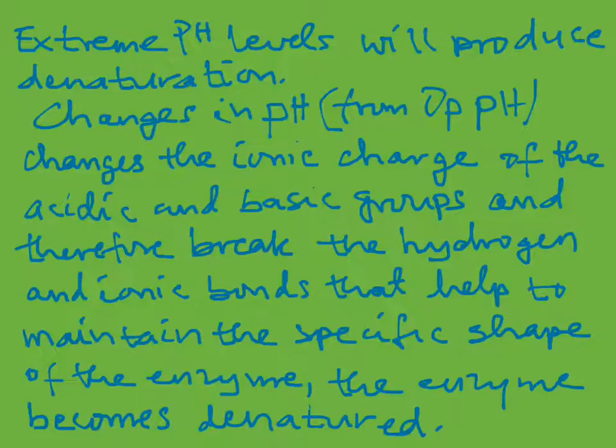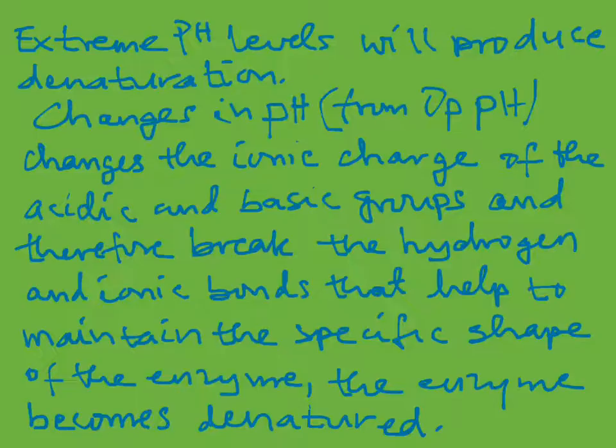That is why we are saying that extreme pH levels will produce denaturation, because if the medium becomes too acidic, it will denature the enzyme. If it becomes too alkaline, it will denature the enzyme.